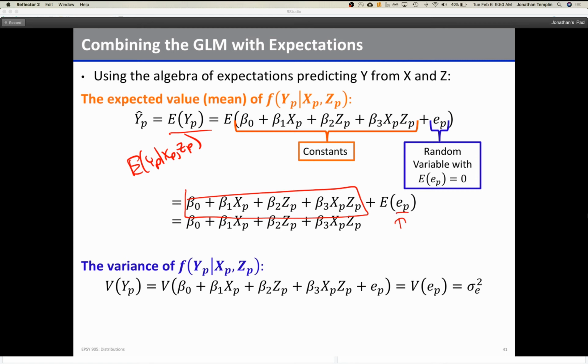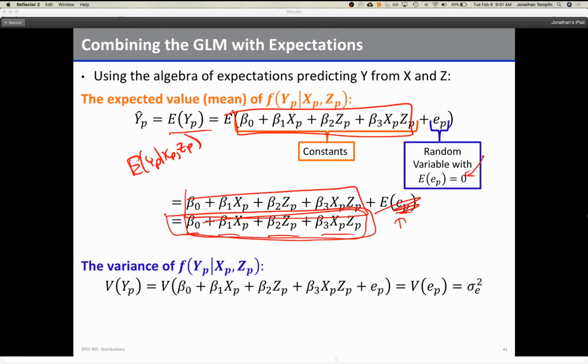Well, we know by definition the random variable e has a mean of 0. That's an expected value, so it goes away, telling us the mean of y given x and z is given by the linear combination of betas plus the predictors that multiply them. That's why we call this the model for the means. It literally is filling in the mean spot of the distribution for y.